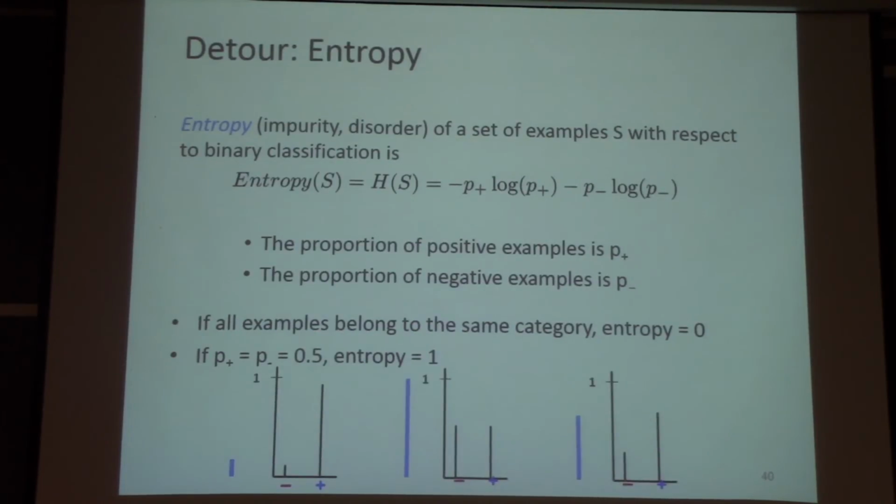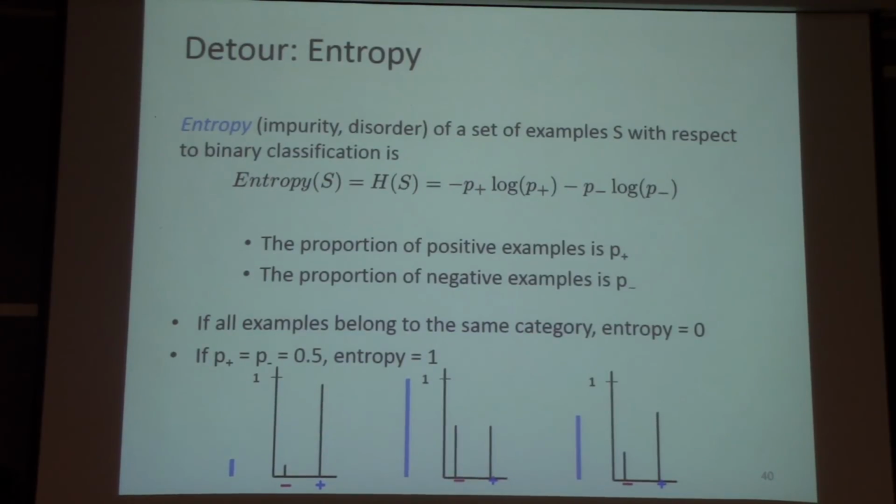Yes. So I can put this as a picture, by saying I'm basically plotting histograms here. If you have very little uncertainty, most of the labels are positive, then the entropy is the blue bar here, which is low.